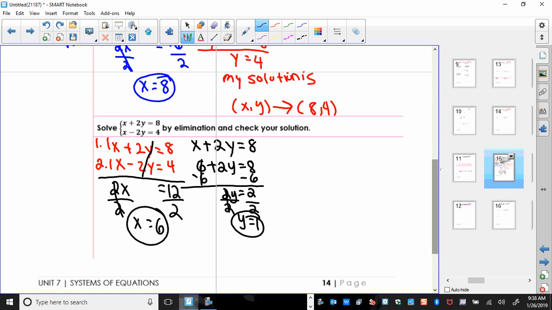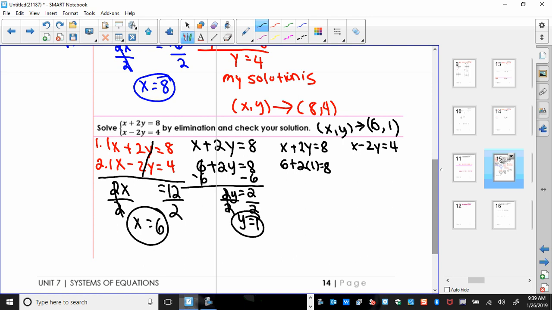Now, I need to check to see if it's true that x comma y maps onto 6 comma 1. So are both of these equations true when my solution is 6 comma 1? So we check x plus 2y equals 8, and then we check x minus 2y equals 4. Okay, so x is 6 plus 2 times 1.